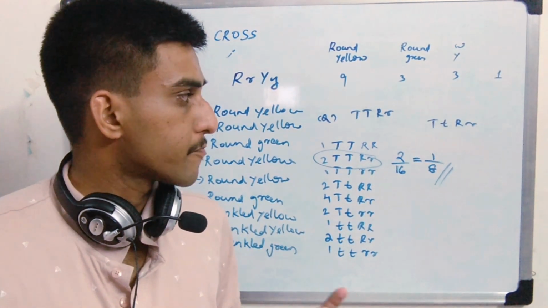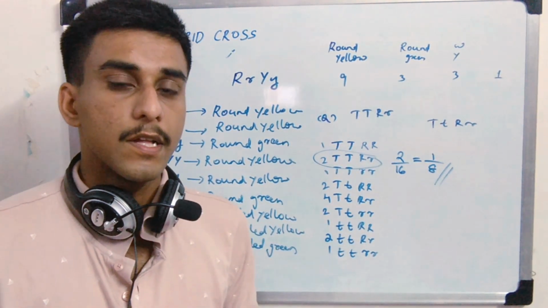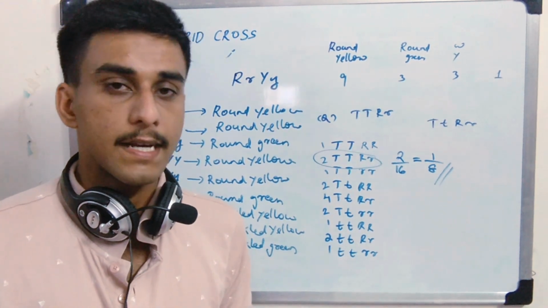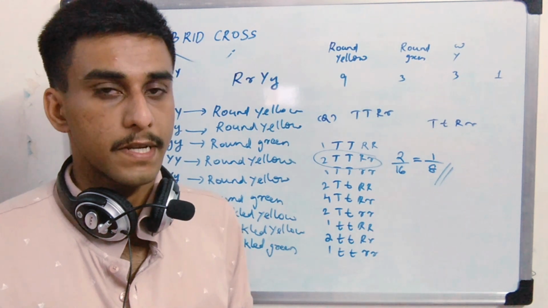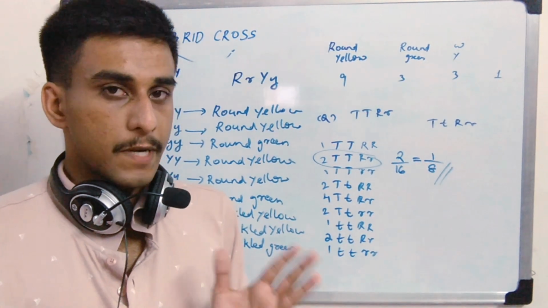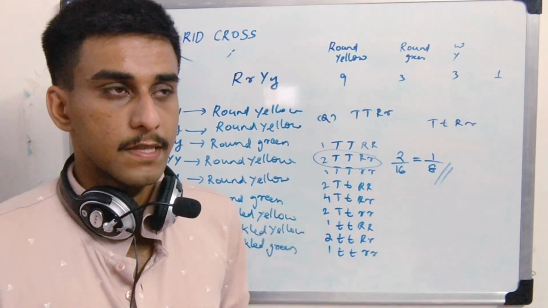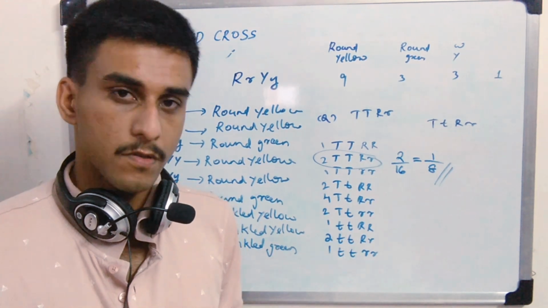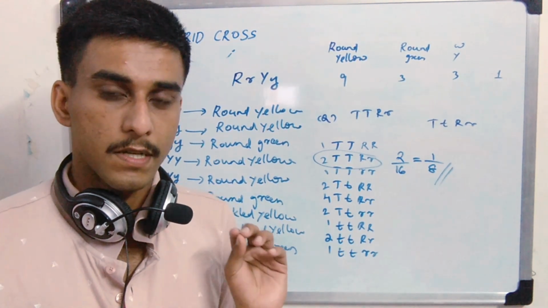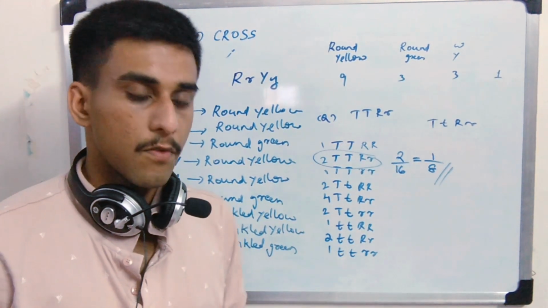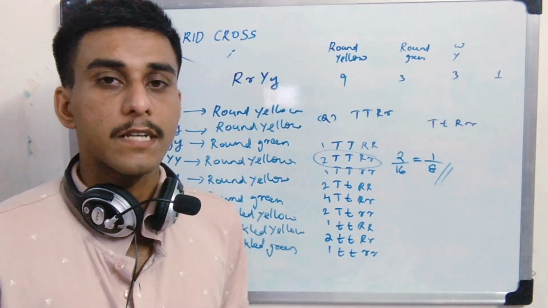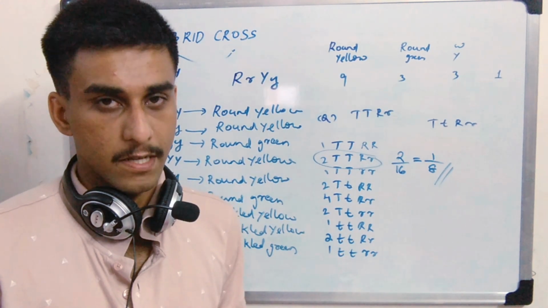This is the end of lecture 3, in which we have only dealt with the dihybrid cross and Mendel's law of independent assortment. In the previous lectures, we first dealt with the basics. The second was the monohybrid cross, the law of segregation, the law of dominance, and also multiple allelism. Now we have dealt with Mendel's dihybrid cross and the law of independent assortment.